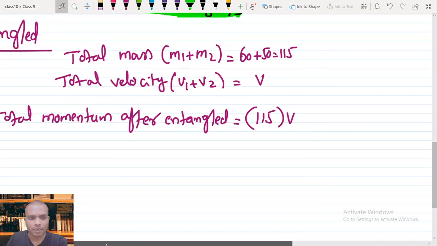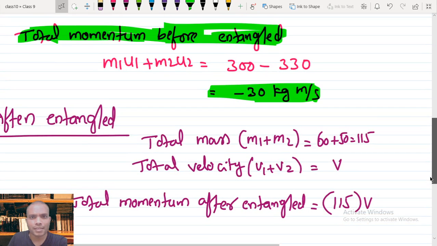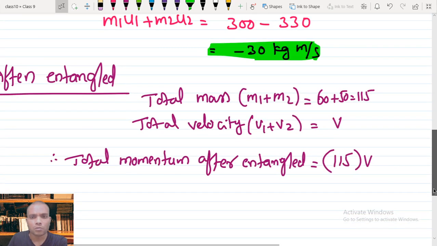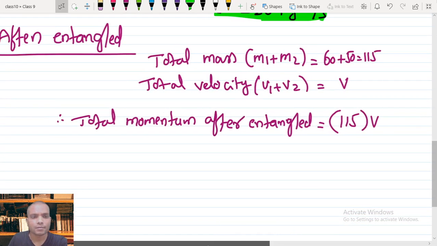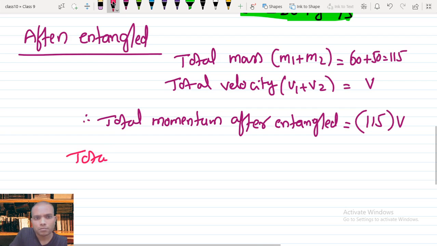Now we can apply the law of conservation of momentum. Total momentum before entangling equals total momentum after entangling.